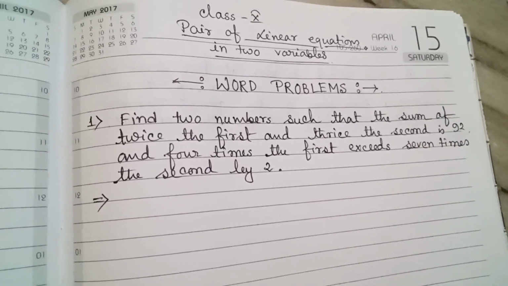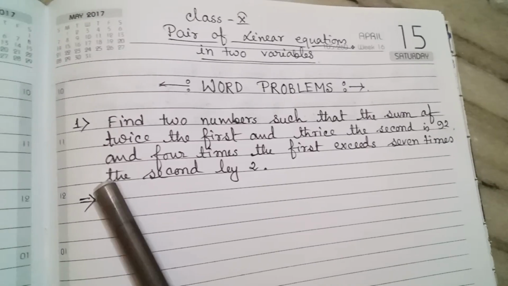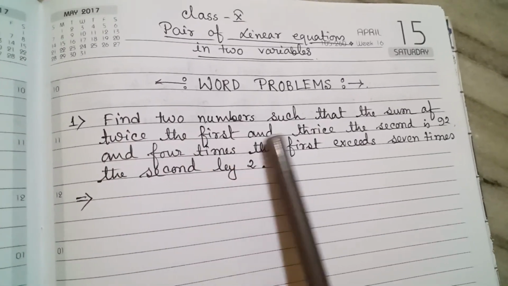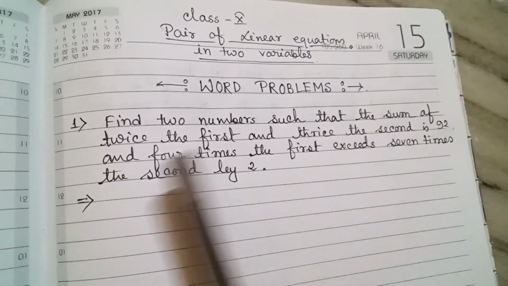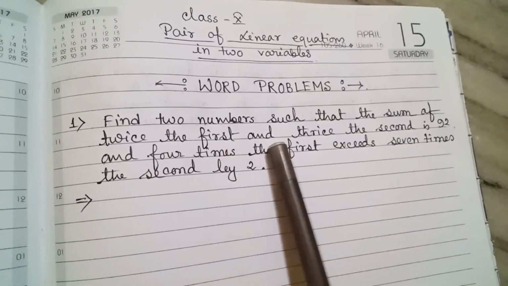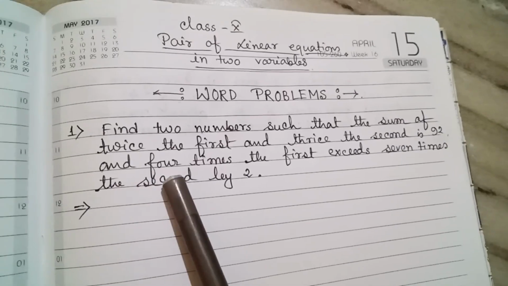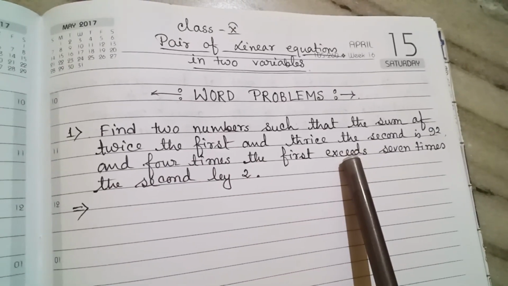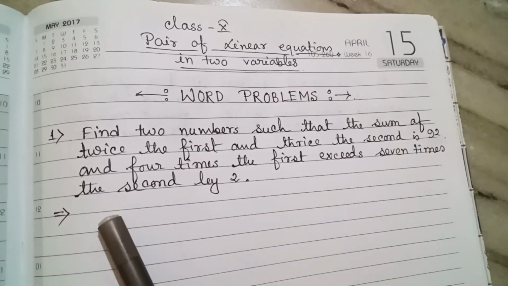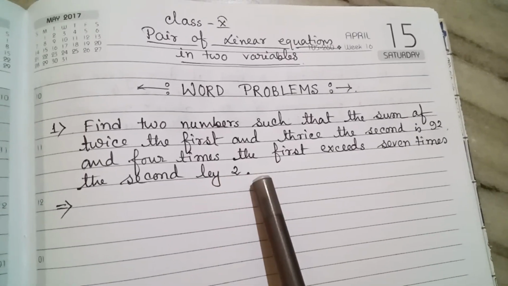Okay, so the first question: find two numbers such that the sum of twice the first and thrice the second is 92 and 4 times the first exceeds 7 times the second by 2.